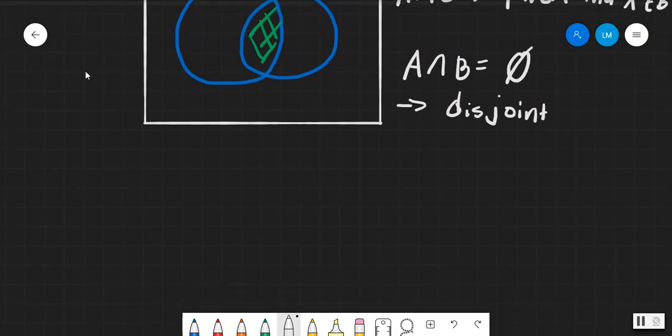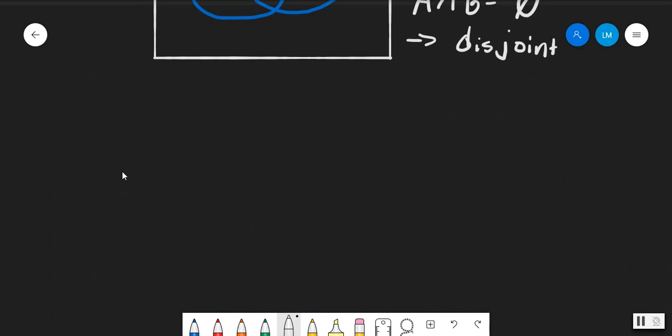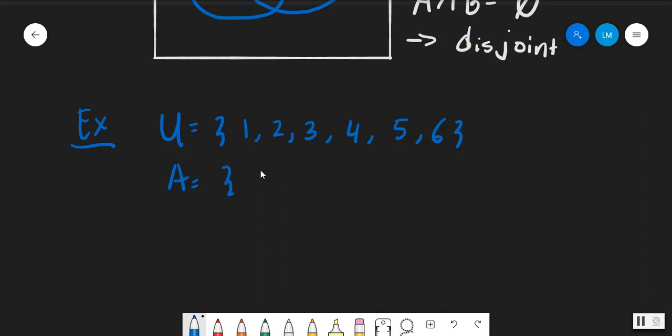So, for example, let's say that we look at a question where the universal set is the values 1, 2, 3, 4, 5, and 6. Then let's say that A is the set of 2, 4, and 6. Then let's say that B is the set of elements 1, 2, 3, and then 5.